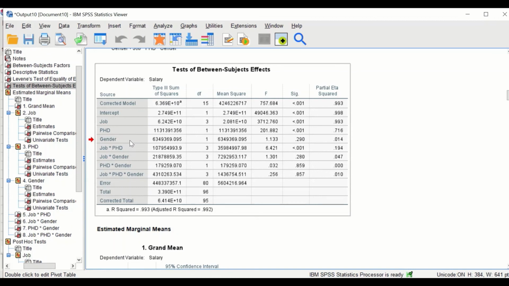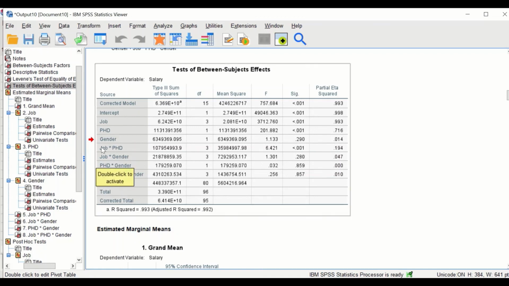However, for the third factor, gender, it shows that there is no difference in the mean of the salary earned between males and females. So gender has no effect on the amount of money earned annually.